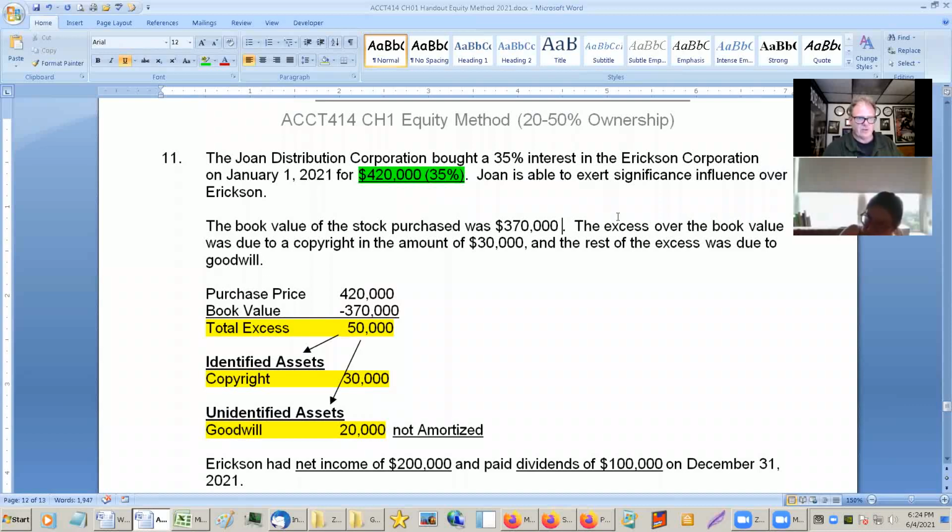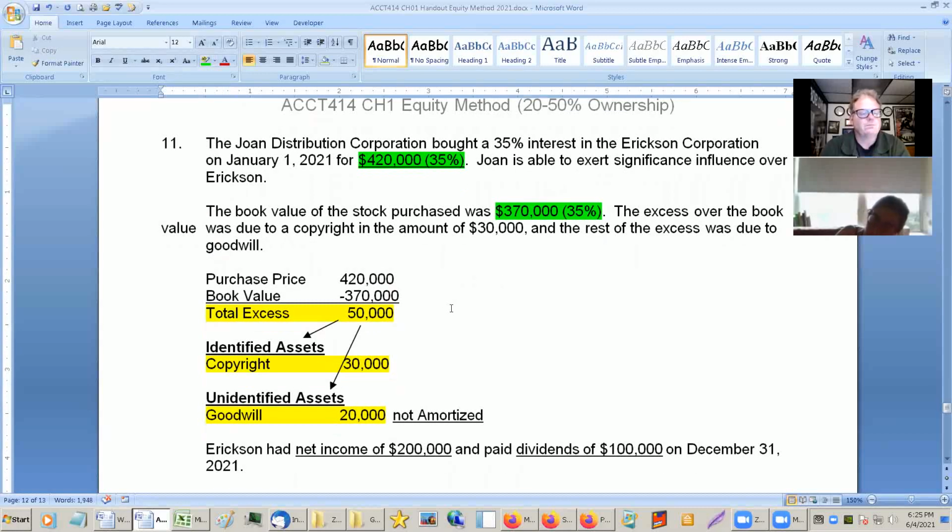And this book value is also based on 35%. It's already taken out, so you don't have to do anything else to the 30,000. It's already been adjusted to be the 35%. So these are all 35% figures.